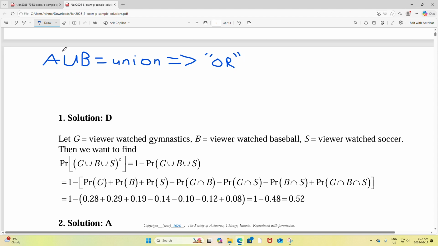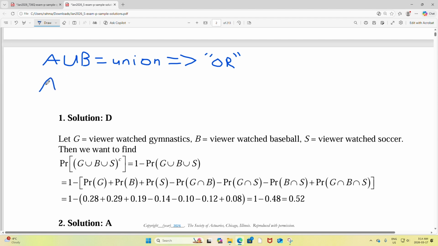So to be in this set A union B, you can be in A or B. Either one will satisfy being in this union. And if you're in both, that's great, you're part of this set here. But only one is required.